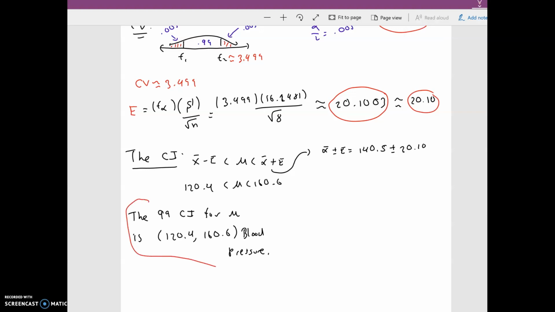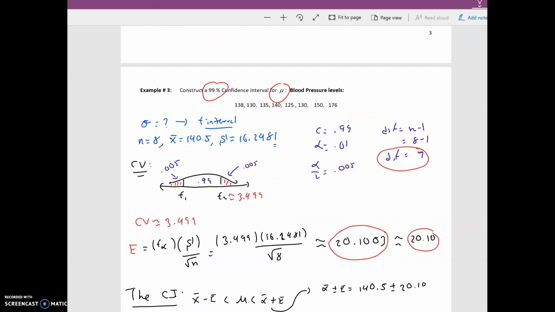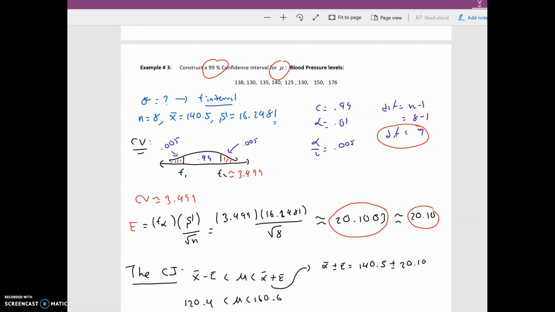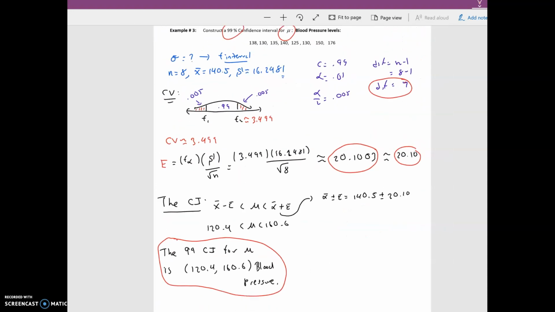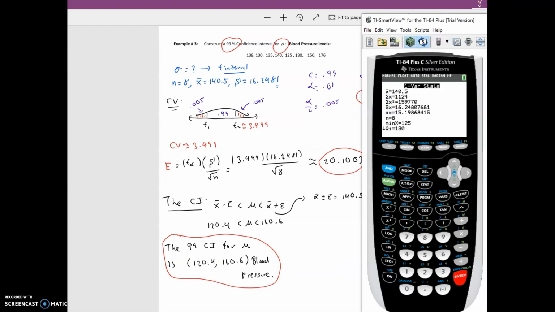In this particular problem, they're not asking for the critical value. They're just asking for the confidence interval, which is the estimate of the mean. And let me show you how to actually calculate this using just the software. Most of the problems are just going to want the software, but I wanted to give you another example. So you're going to go to stats, and then you're going to go all the way to test. And in test, you're going to go to number 8.